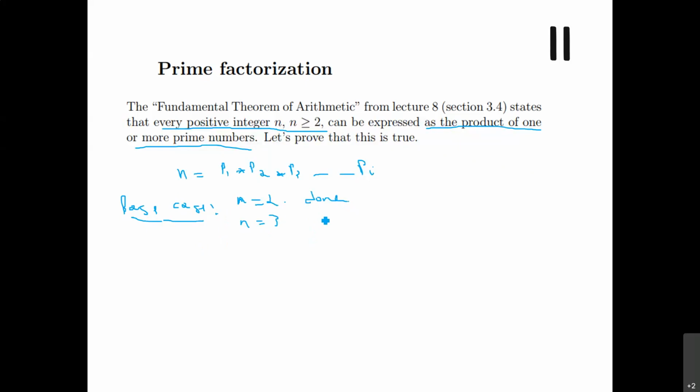It might also be considered a prime, so also done. n is 4. 2 times 2, done. So what this tells us is when a number is a prime, it's already done. But what if it's not a prime? We're breaking it down, like 4 is 2 times 2, we break it down into primes.